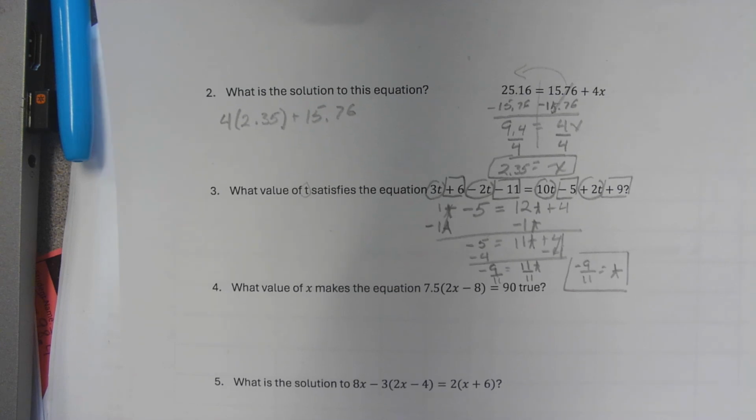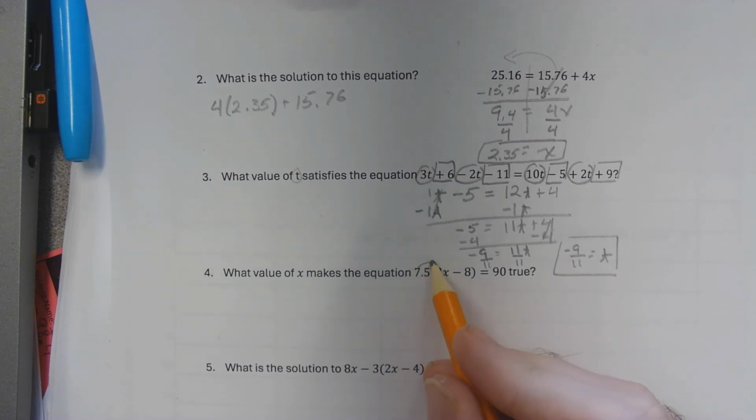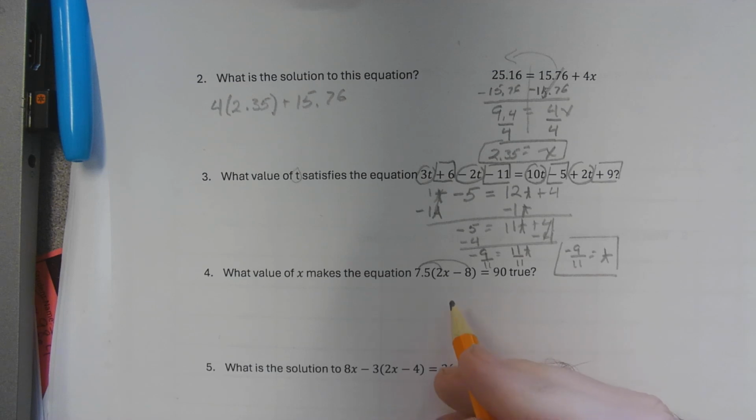Okay, so number 4, what value of x makes this true? So again, we start with the distributive property. So 7.5 times 2, 7.5 times 8.